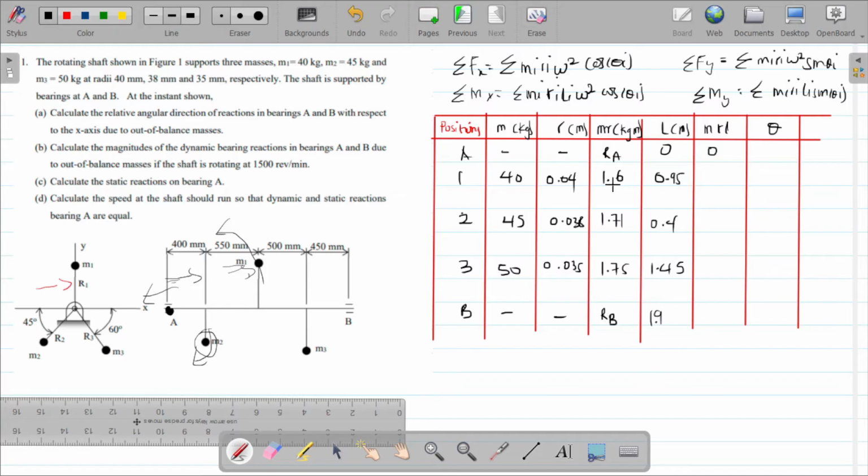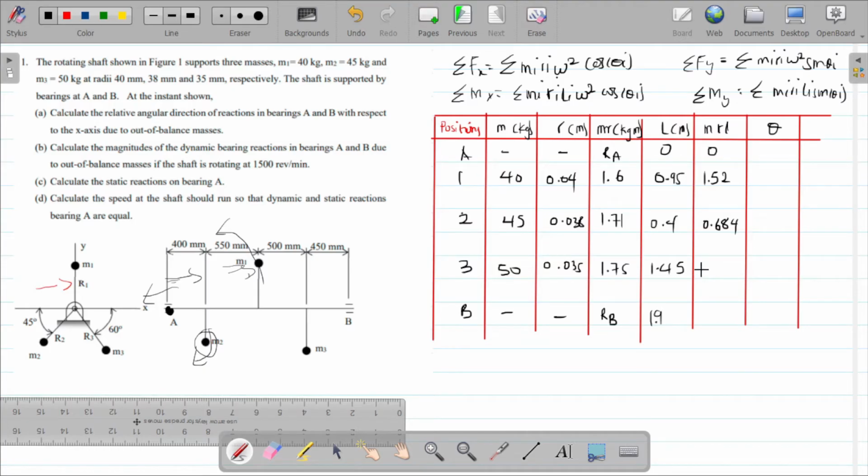All right, so 1.6 times 0.95, that is 1.52. 1.71 times 0.4, that's 0.684.